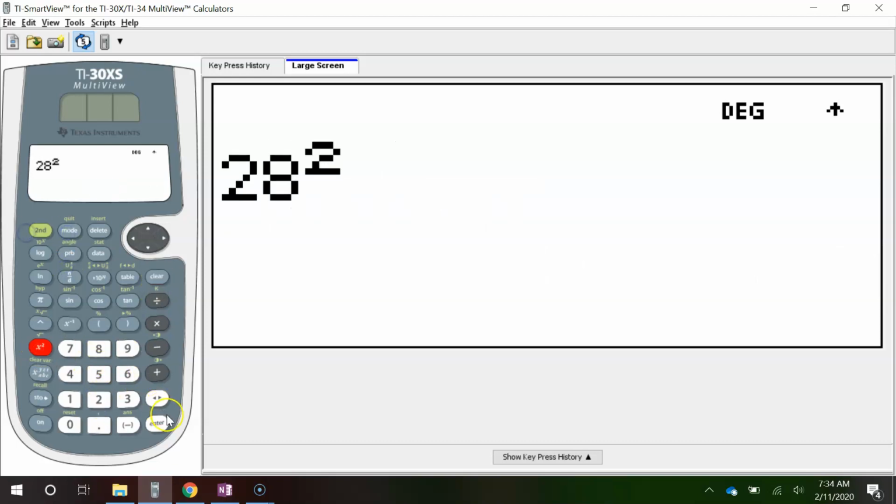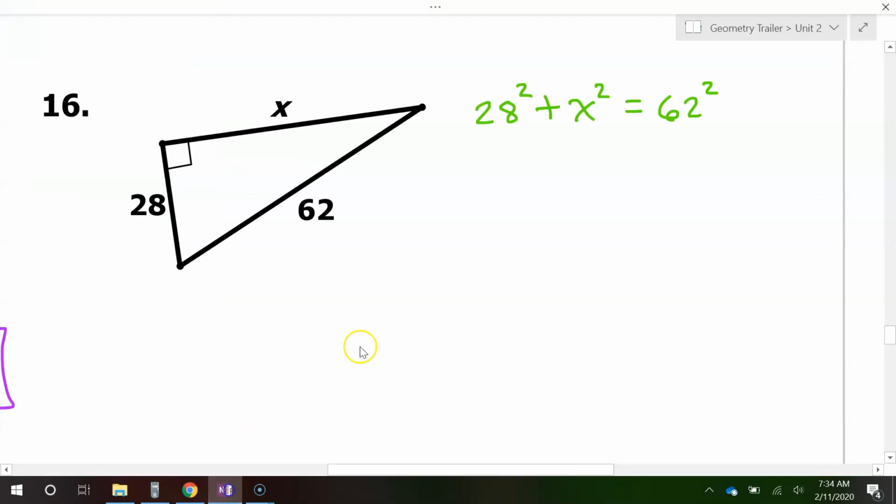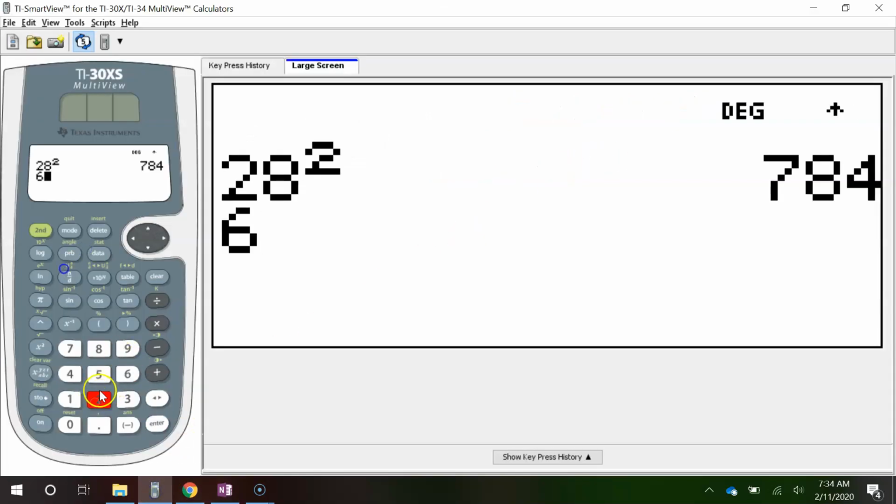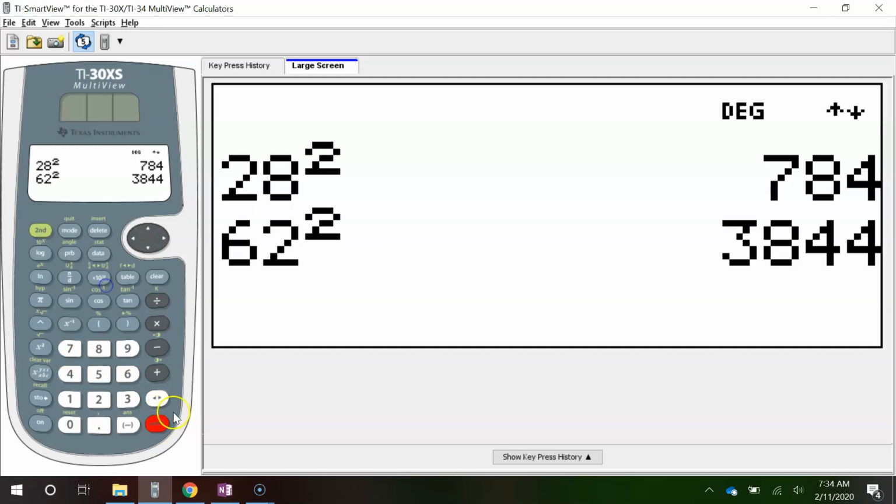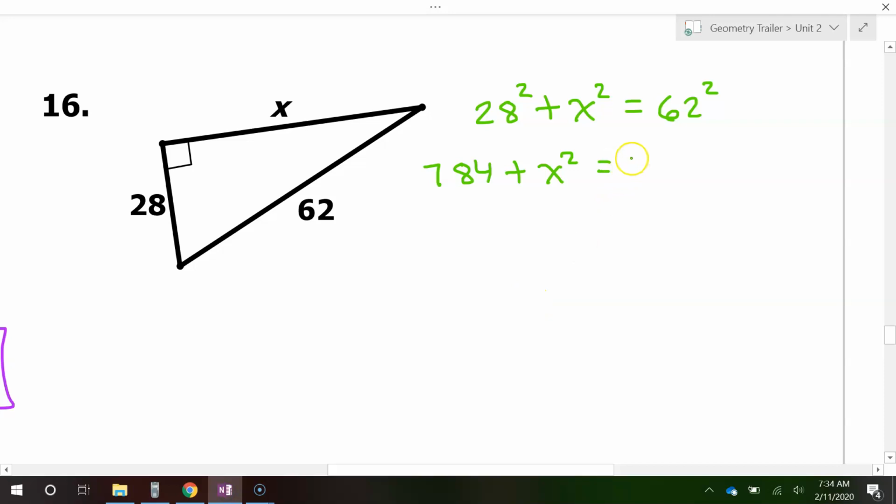784 plus x squared equals 3,844. All right, now you subtract 784 from both sides.